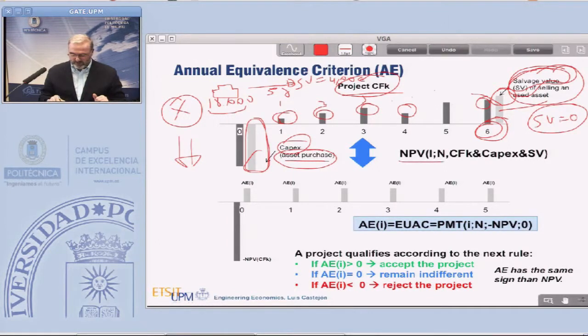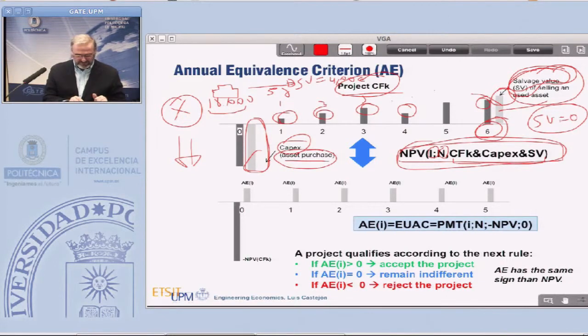Then we know how to calculate the net present value of the project, at interest rate i and n years, considering all the cash flows of the project with their respective sign, the capex and the salvage value as well. And then we calculate the net present value of the project.